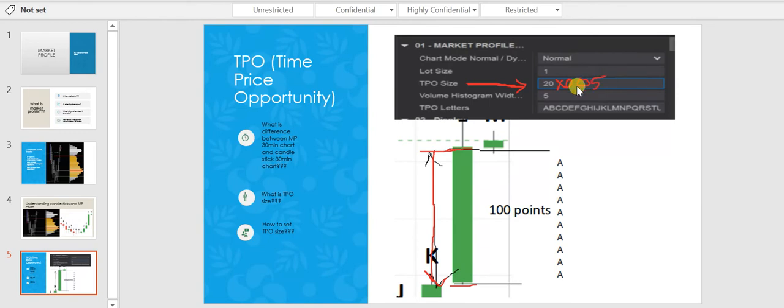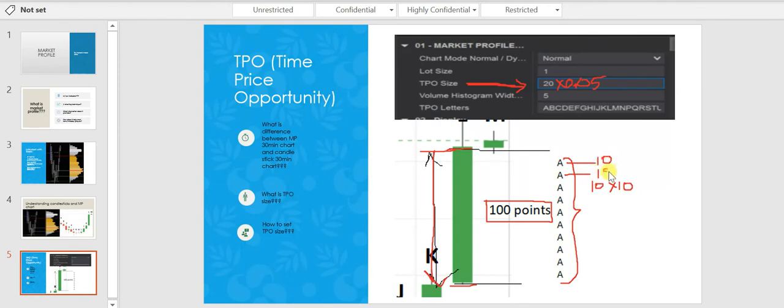So 20 into 0.05, let us say this is a 100-point candle and it is printing 10 As. That means 10 into 10, so each of these prints is of 10 points.